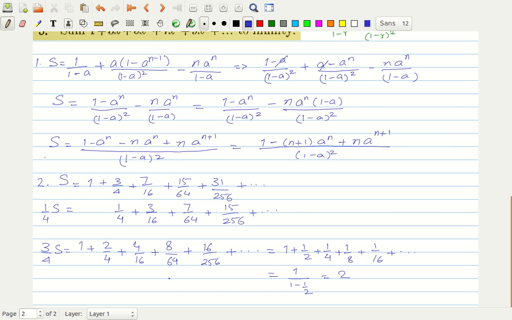So what we know is that 3 by 4 S is equal to 2. So what should be S? S should be 4 times 2 is 8, divided by 3.